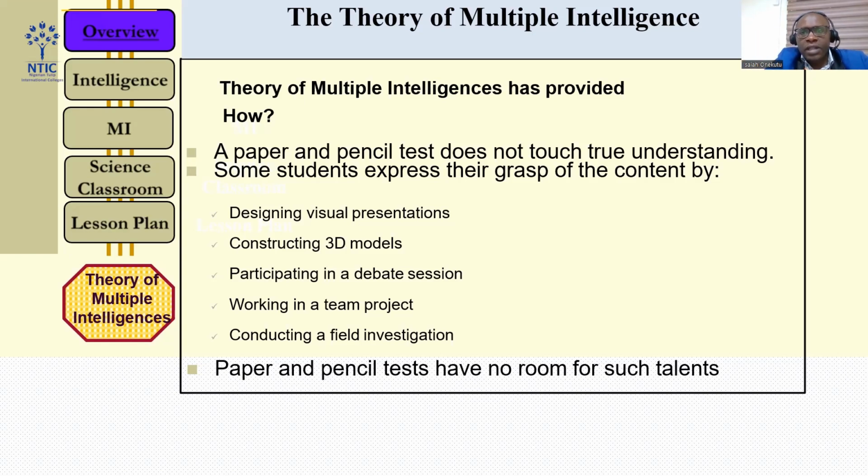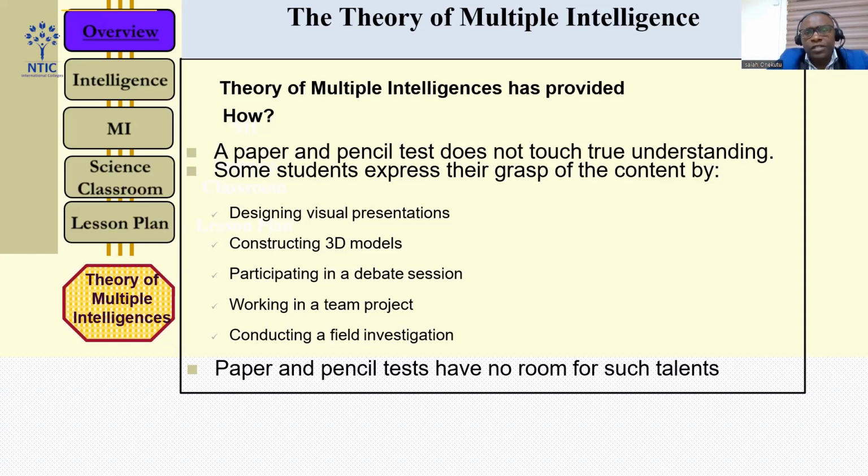Now, some students express their grasp of the content by designing visual presentations. They need visual presentations. Of course, there are learners that, merely seeing the words alone, merely hearing what you're telling them, can easily understand what you're trying to pass across to them. But at the same time, we have other learners that will want to see a pictorial representation of this information.